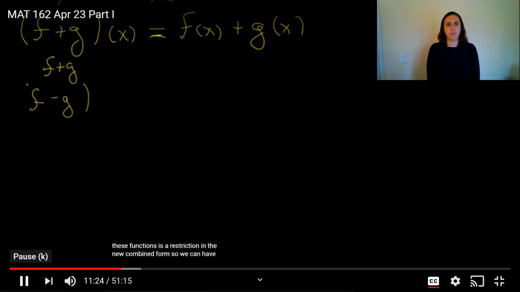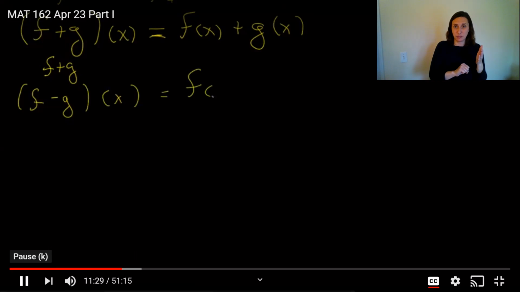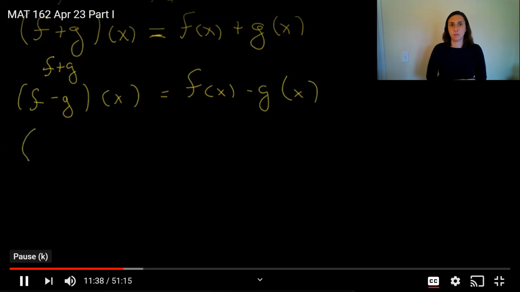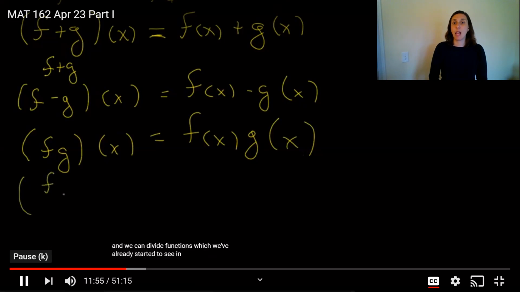And so we can have subtraction. I won't write how I tend to write it. We'll make that assumption. We can multiply functions together. And we can divide functions, which we've already started to see in its basic form when we did rational functions.